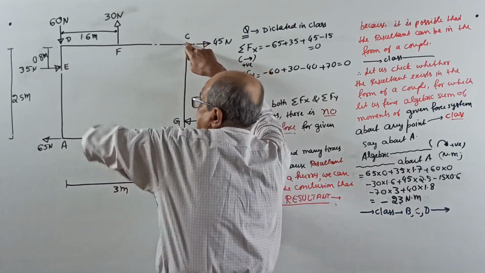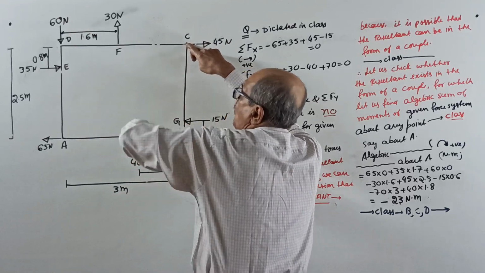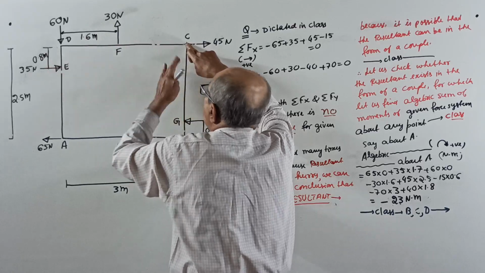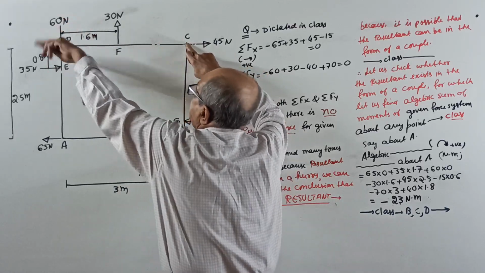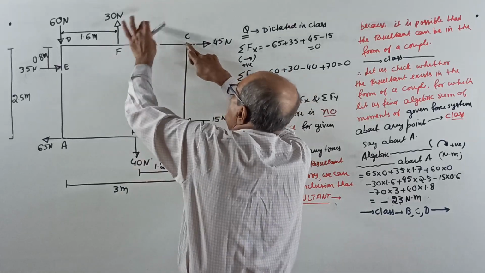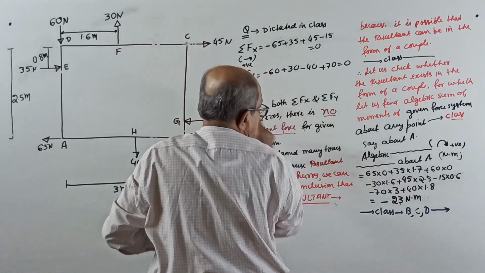Minus 65 into 2.5, clockwise, minus, so anti-clockwise. 75 into 0.8. 60 into 3, anti-clockwise, minus. 30 into 1.4, clockwise, plus. You calculate.